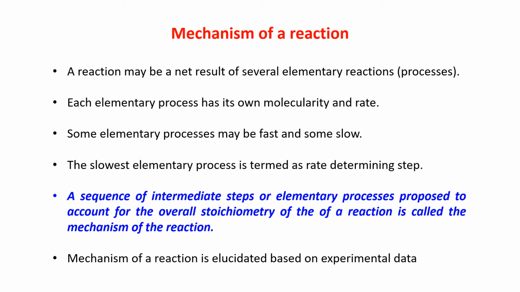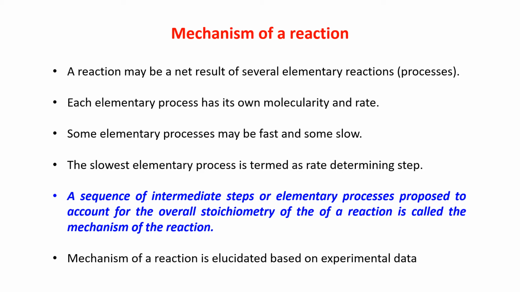Mechanism of a reaction. A reaction may be the net result of several elementary reactions. Already I told you, each elementary process has its own molecularity and rate. Some elementary processes may be fast and some may be slow. The slowest elementary process is termed the rate determining step.